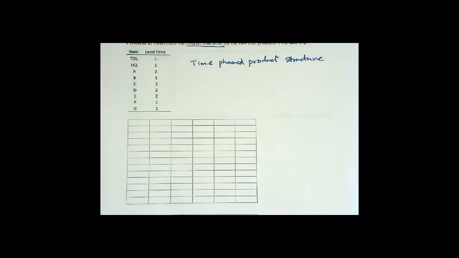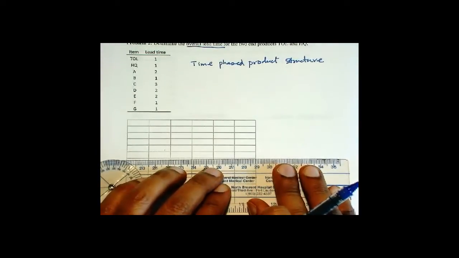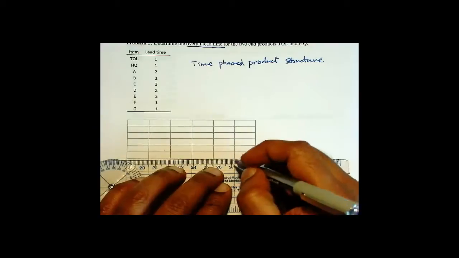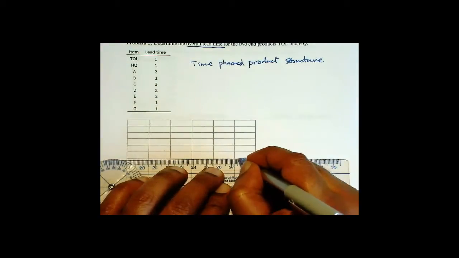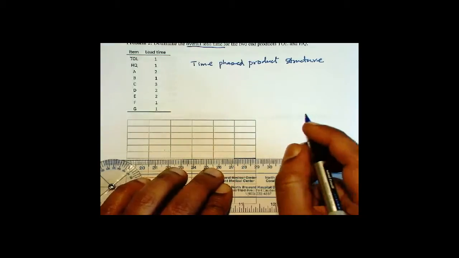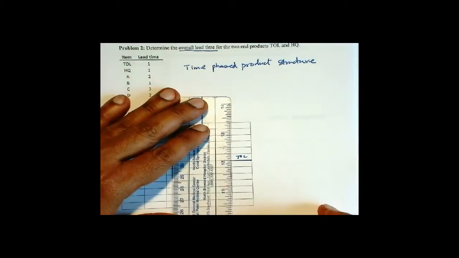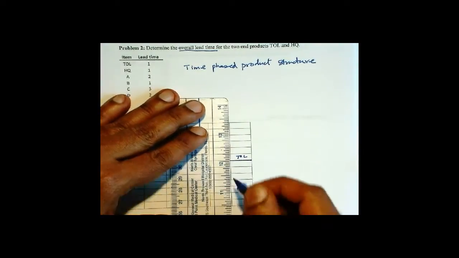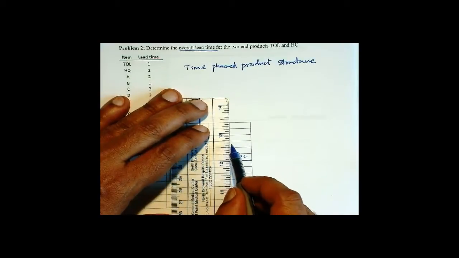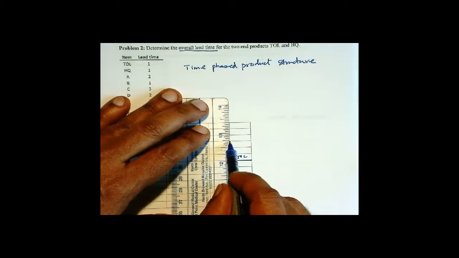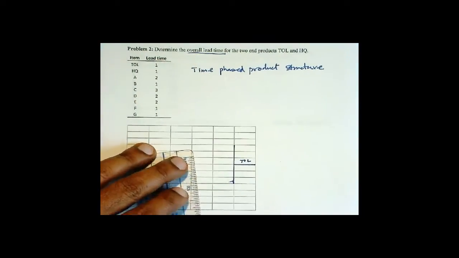So let's see. Okay. First is TOL. TOL is 1 week. So that's TOL. Now remember, the vertical axis doesn't matter how big or how tall a line you have to draw.